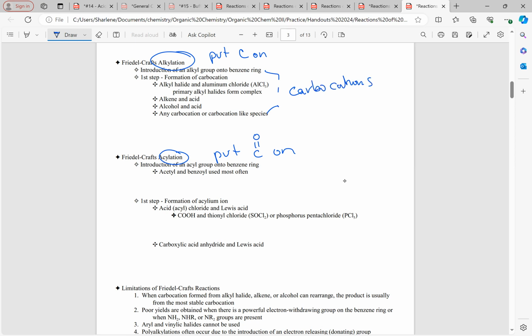And so I'm going to go over to the whiteboard for this one, but just as a nice review, the first step, of course, is the formation of that really super electrophile, and in this case, it's a carbocation. And we're going to look at alkyl halides, we're going to look at alkenes, and we're going to look at alcohols, but don't forget, any carbocation-like species is going to fall under this rubric.